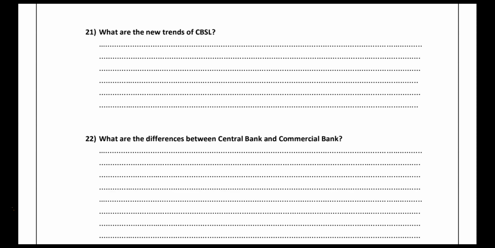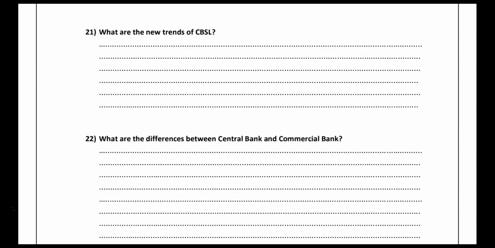And the third one is the CBSL Monetary Board. The Monetary Board has 5 members: the governor, the secretary to the Ministry of Finance, and 3 non-executive members. Altogether 5 people.